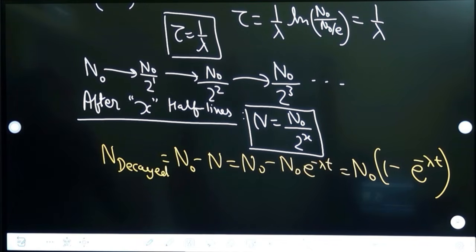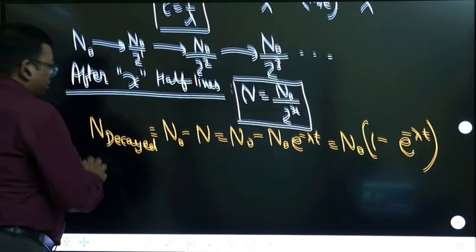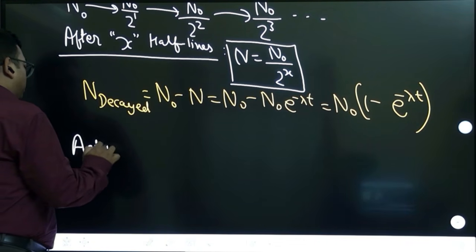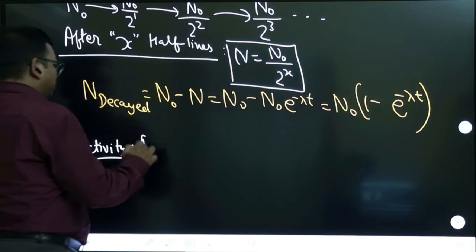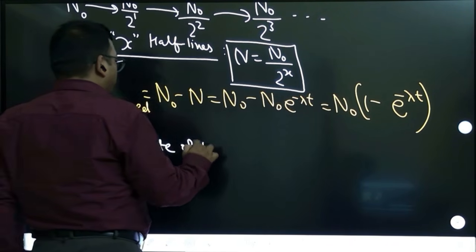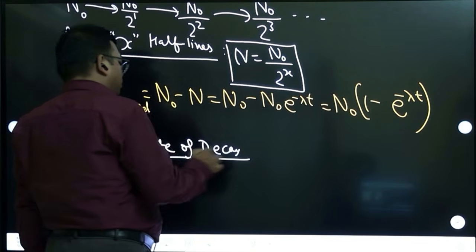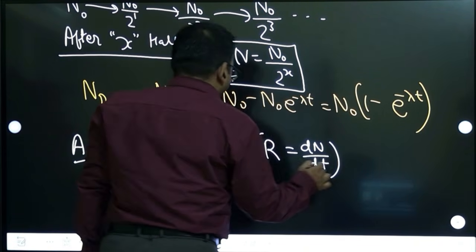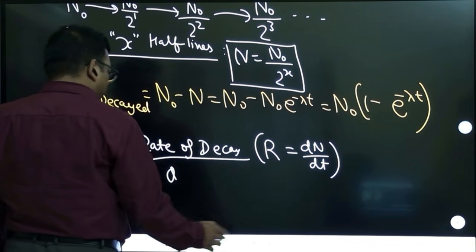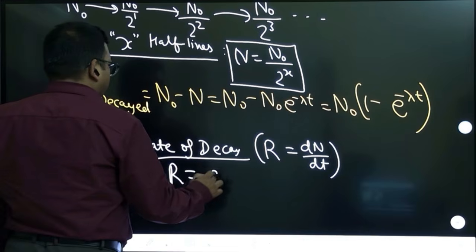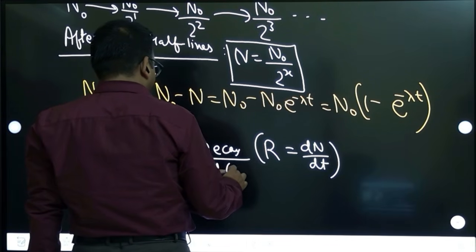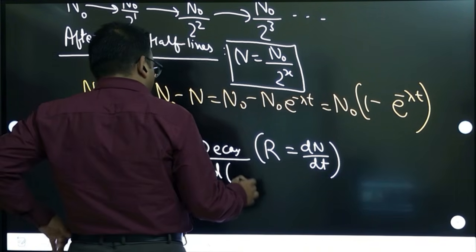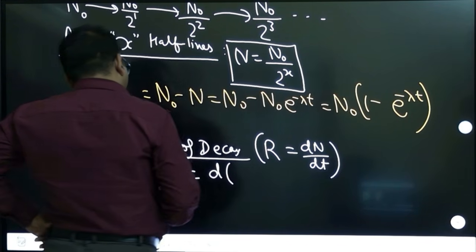Similarly, we have a term called activity. Activity is nothing but the rate of decay, which we are going to write as R, which is dN by dt. So if you calculate R, what is dN?